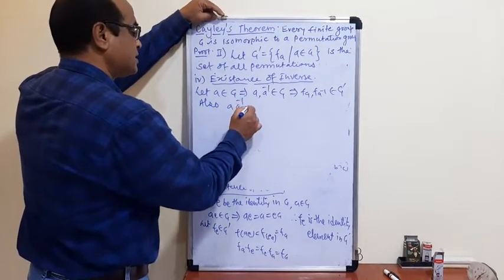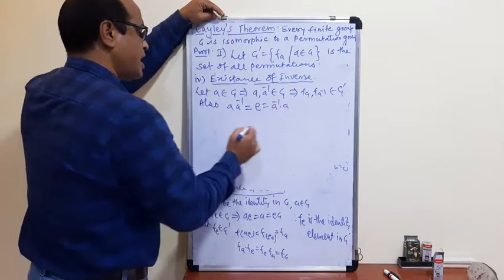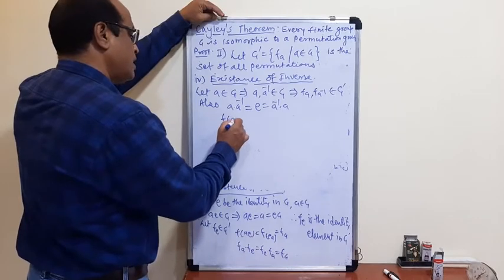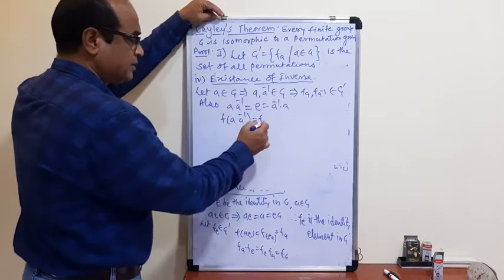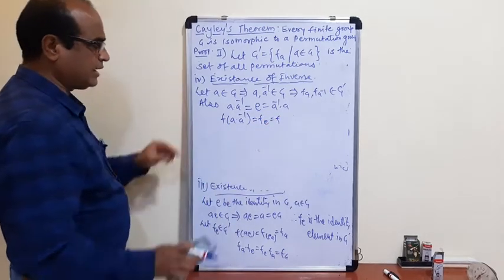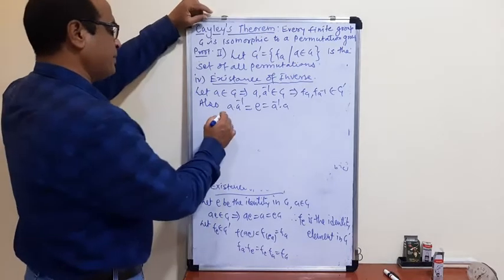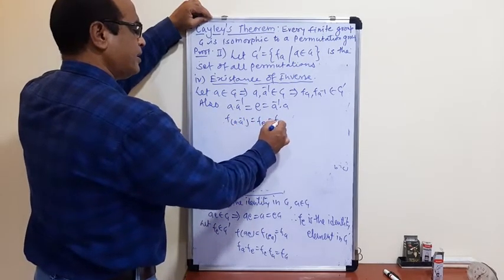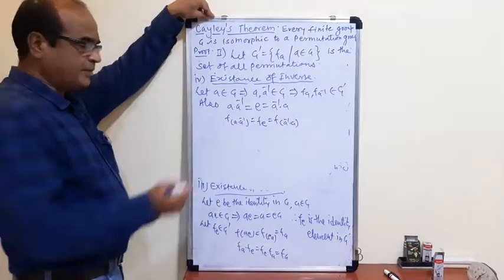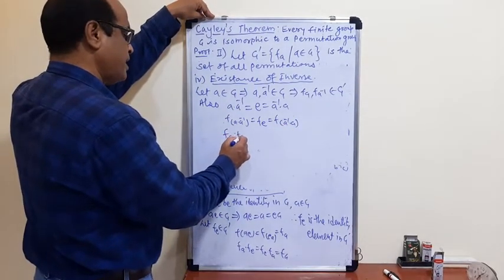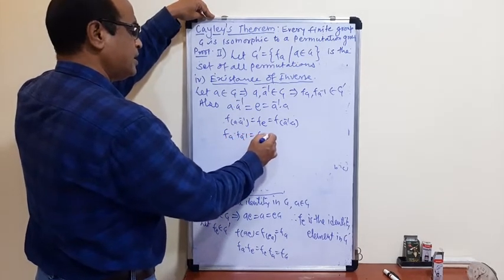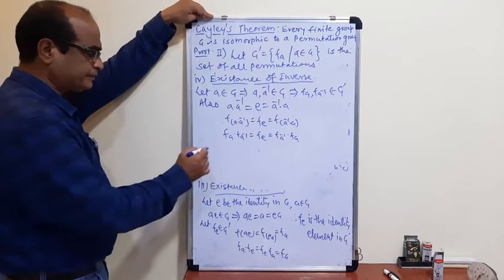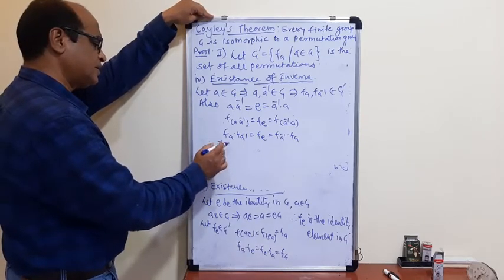Therefore, A into A inverse is equal to E is equal to A inverse into A. So F of A into A inverse is equal to F of E, which is F of A inverse into A. So F(A) into F(A inverse) is equal to F(E), which is equal to F(A inverse) into F(A).